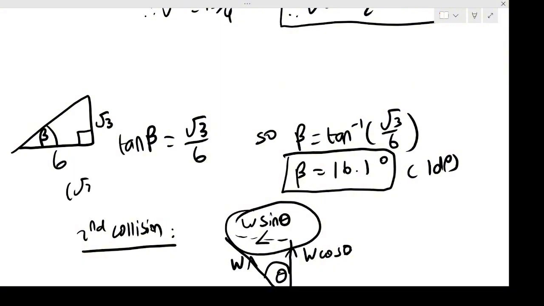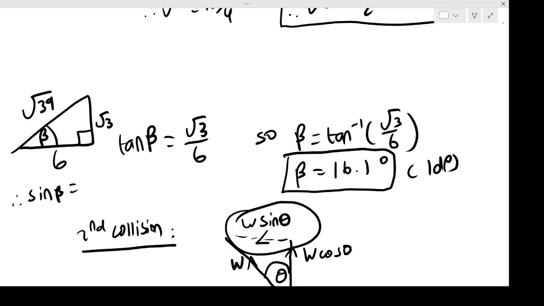So root 3 squared plus 6 squared, that's going to be 39. So it's going to be root 39 for the hypotenuse there. Therefore, we can work out sine and cos of beta, and that's going to help me simplify the equations that I've got waiting for me.